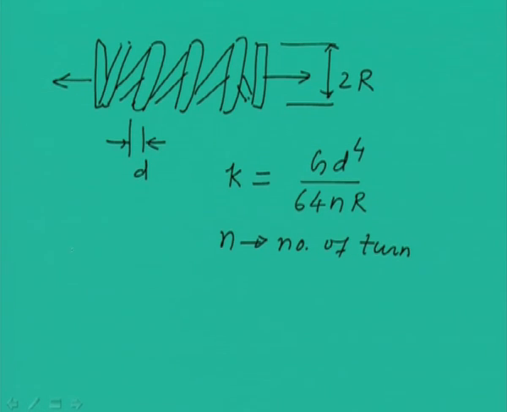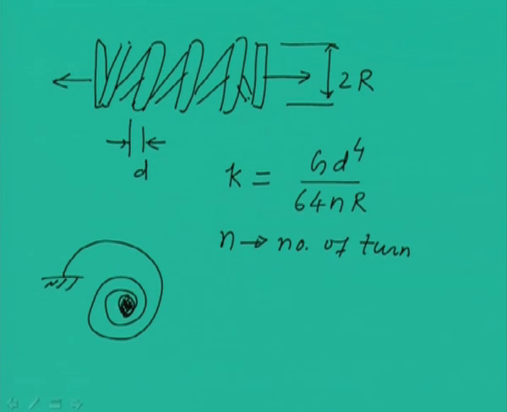Another kind of spring which we deal with is the coil spring, which is something like this, which generally we used earlier in watches.